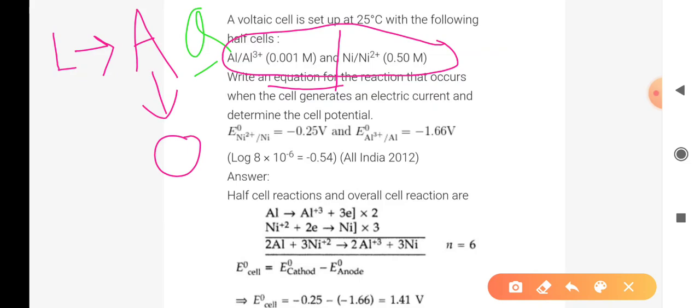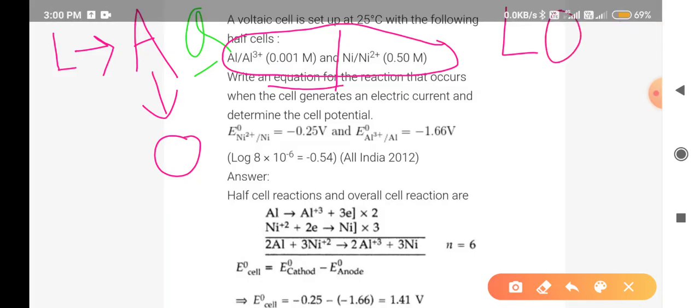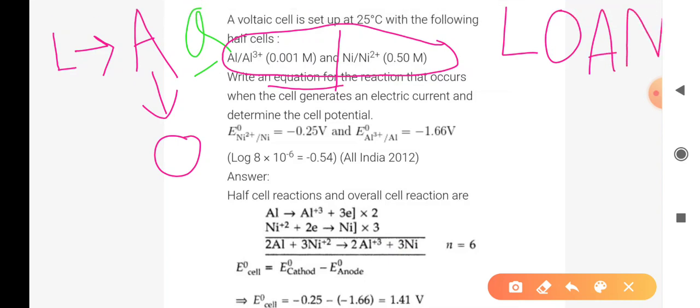So you have to learn this in this way: L O A. Remember this: left side, oxidation, anode, negative charge. So if this is written on the left side, oxidation takes place here and this is the anode.